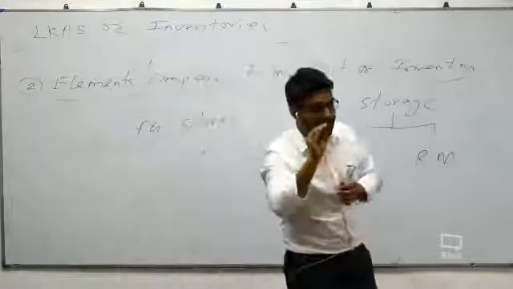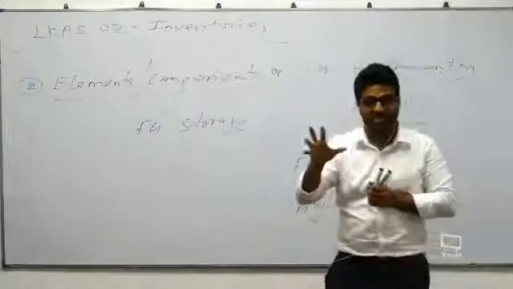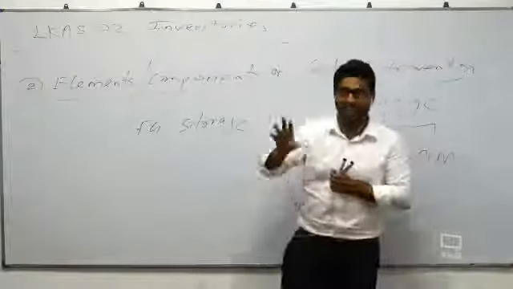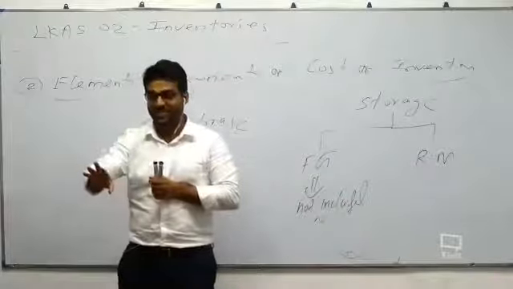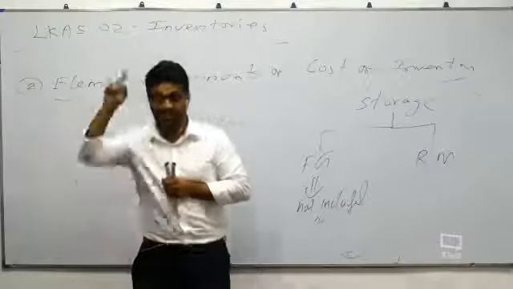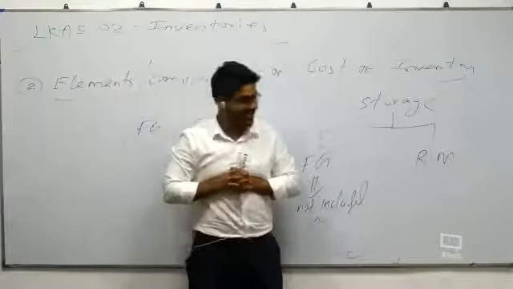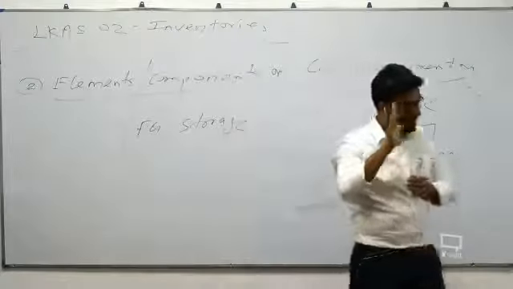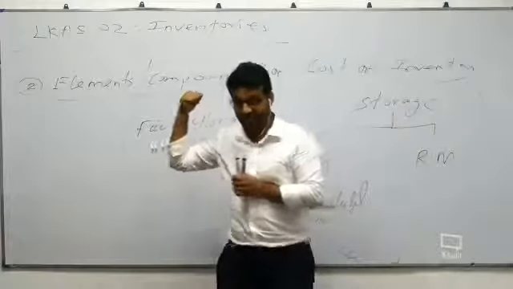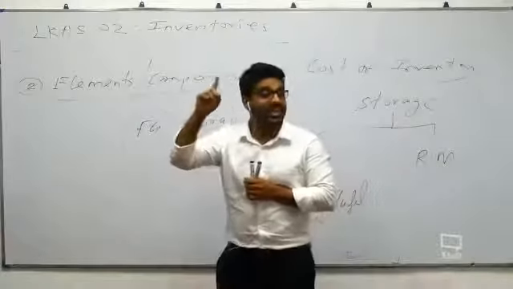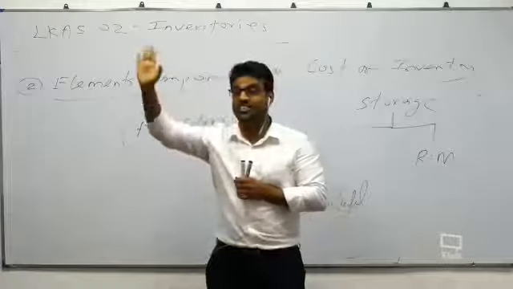But there is one category of factory expenses that cannot be included in the cost of inventory, also cannot be included in the manufacturing account. This is, I'm teaching manufacturing also, one point. There are some kinds of factory expenses that cannot be included in the cost of inventory because they cannot be recorded in the manufacturing account.